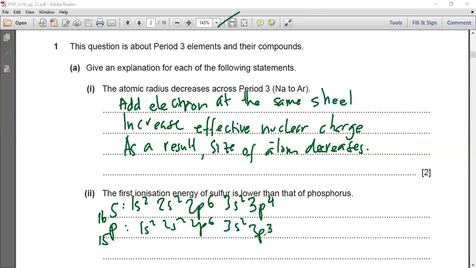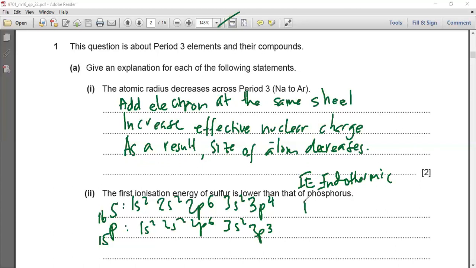Now, the definition of first ionization energy is the amount of energy needed to remove one electron from the outer shell. That's why ionization energy is always an endothermic reaction, because we need energy to remove an electron.